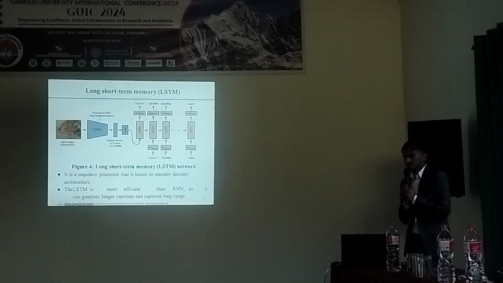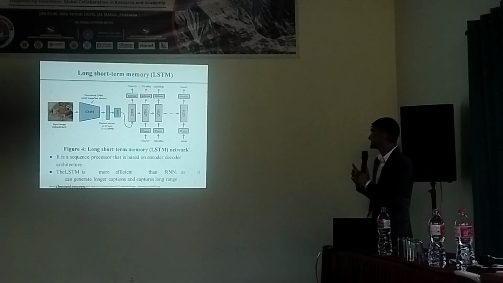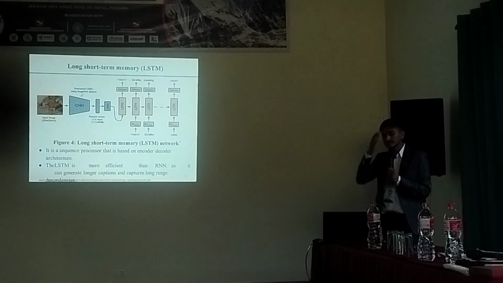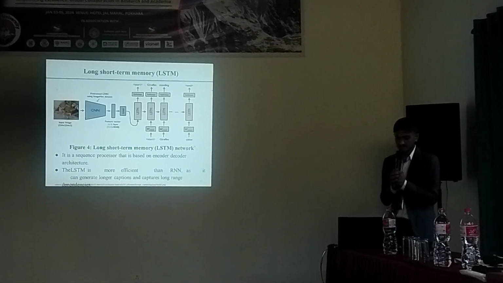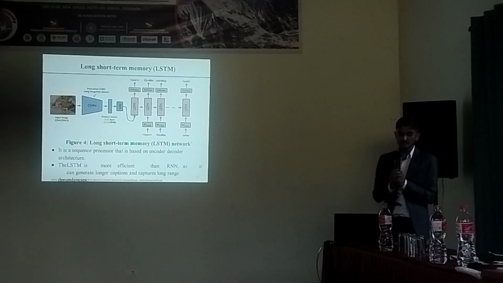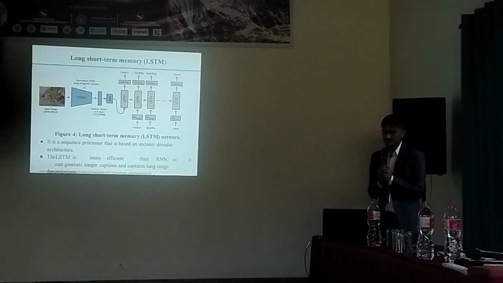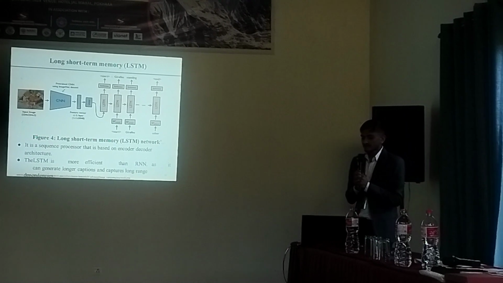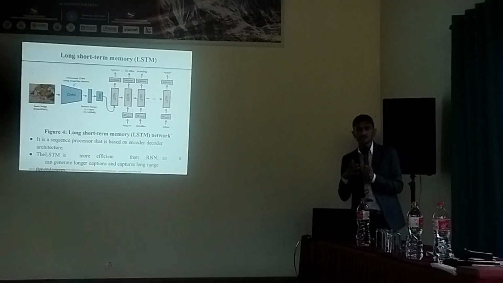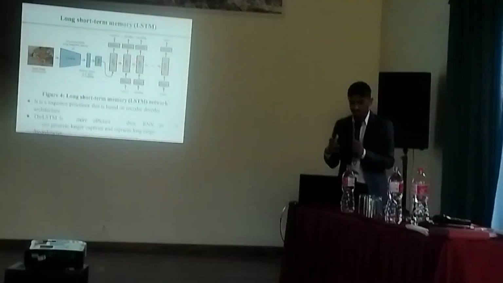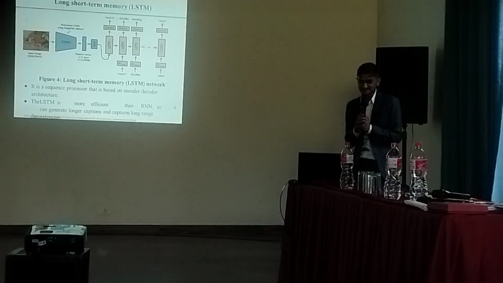So for long short-term memory, we have talked about what will work as the decoder. It is LSTM, a sequence processor based on encoder-decoder architecture. We have talked about the encoder earlier, that is the feature extraction part, and in the decoder we will be using LSTM. It is more efficient than RNN. We chose it because we have to generate longer captions, and captions have long-range dependencies.